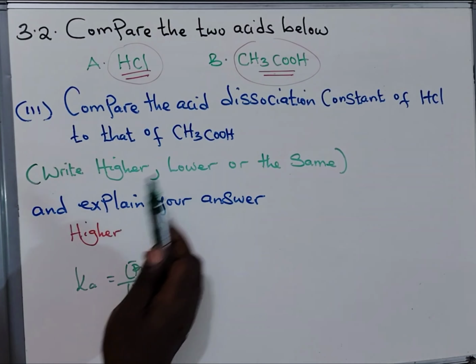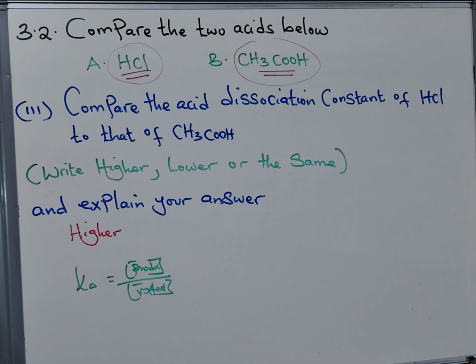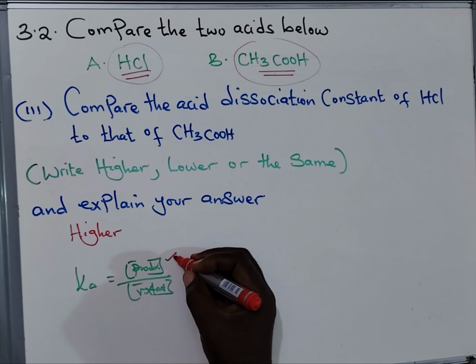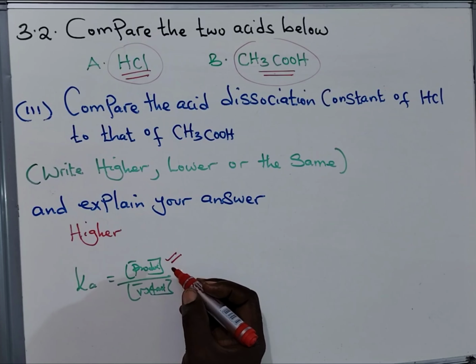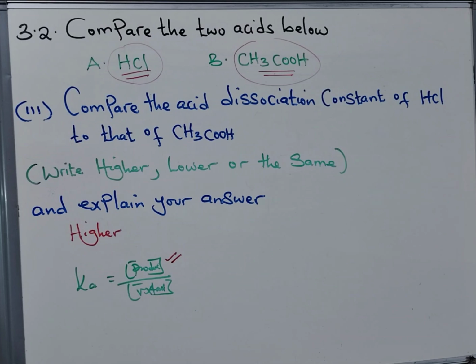So for HCl, which is completely ionized, what do you see? We are having higher concentration of products. So if the numerator is higher, obviously Ka is going to be higher.